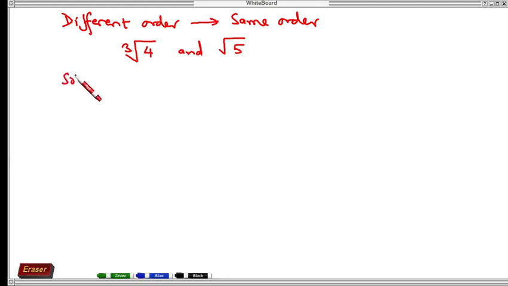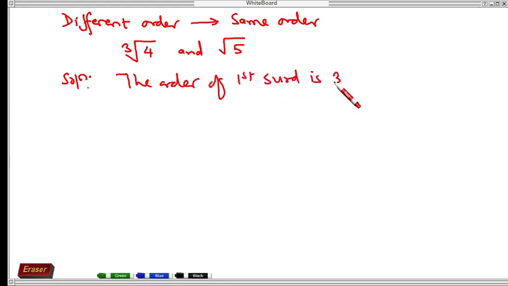In this case the solution is, first of all we should define the order. The order of the first surd is 3 and the second surd is 2.